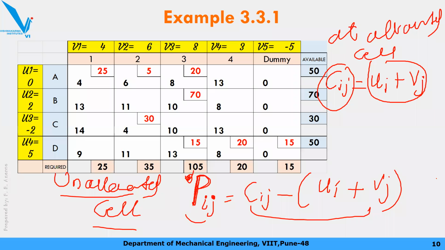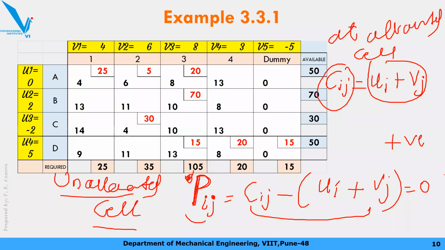If this penalty or improvement index is positive, that means there is no need to do the allocation at that location, because there is no gain; if you do it, the transportation cost will actually increase. If this Pij value is 0, that means there is an alternate solution. If you do it, that will not minimize your cost, but it's an alternative solution.